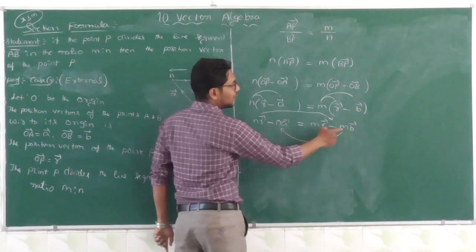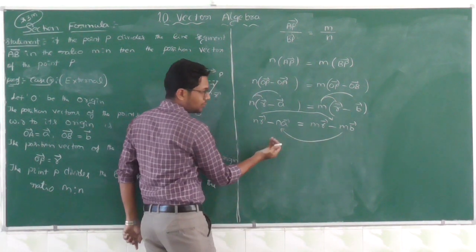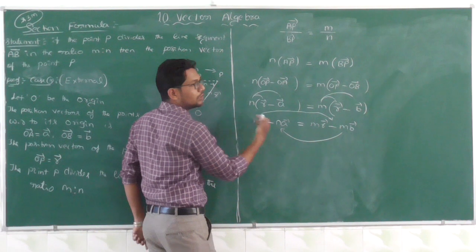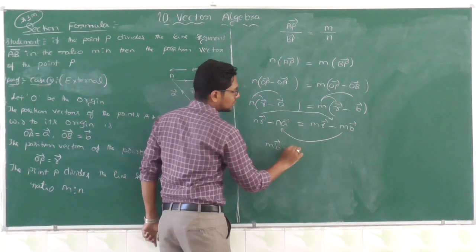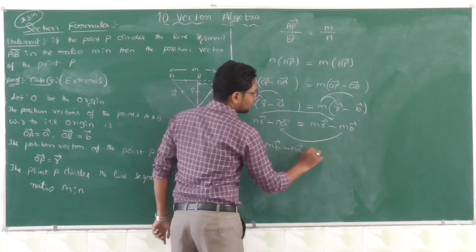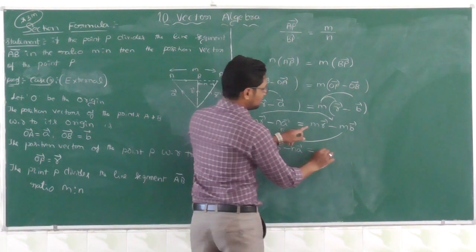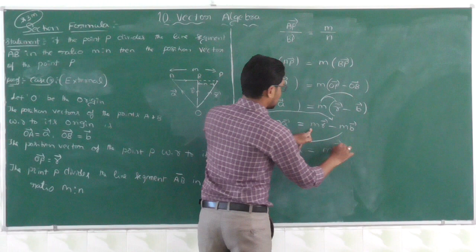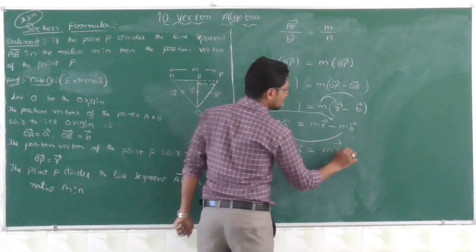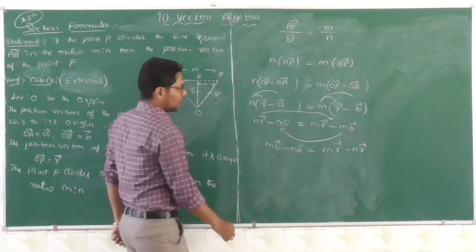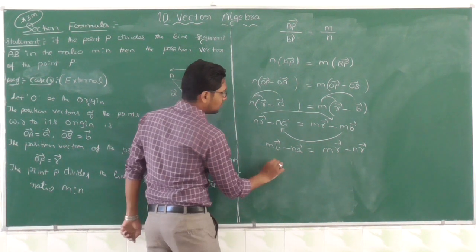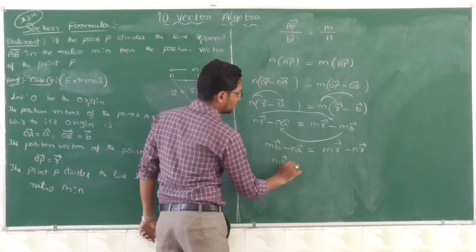If we take minus m B vector to the left, it will be plus m B vector. So m B vector minus n A vector equals m R vector minus n R vector.